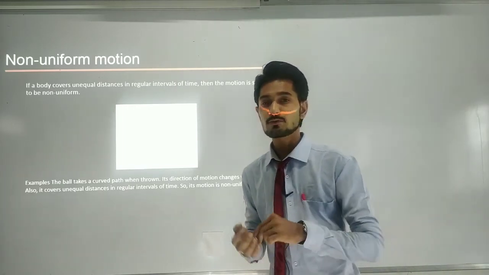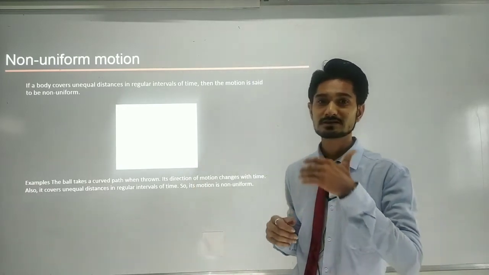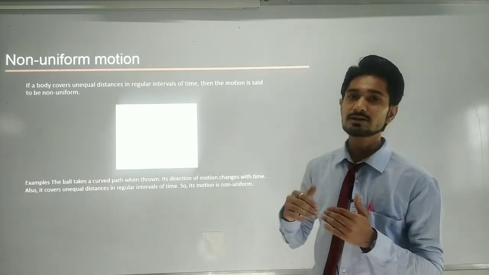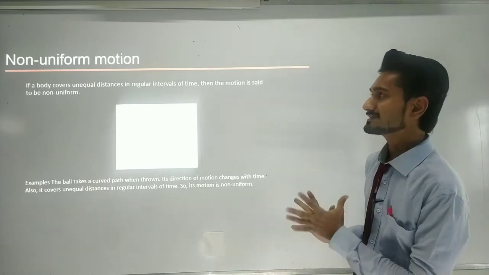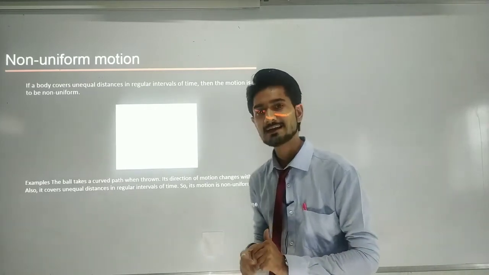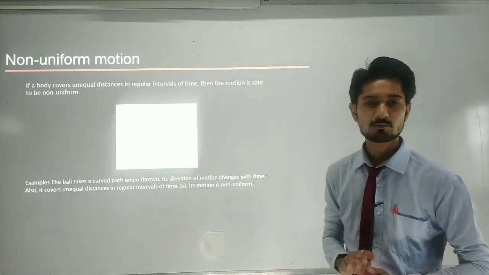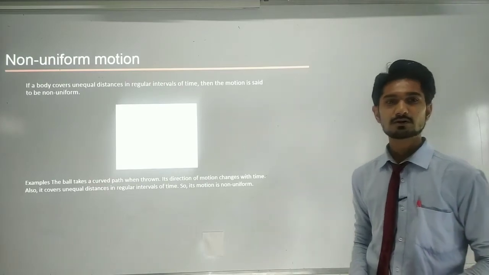Whenever the ball comes back to the earth, its distance is covered more quickly than when it goes from here to the upper layer. Okay, so we have to understand that, and after going through that we can see that it is a non-uniform motion.